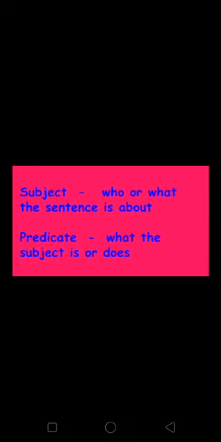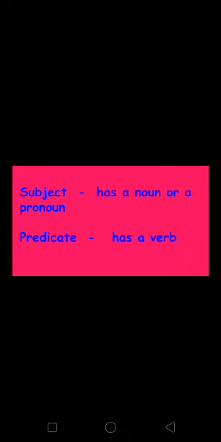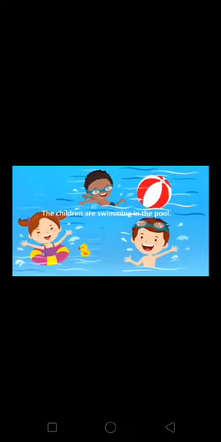Subject tells us who or what the sentence is about, whereas predicate tells us what the subject is or does. A subject has a noun or a pronoun, whereas predicate always has a verb. Remember students, a predicate always has a verb in its sentence.